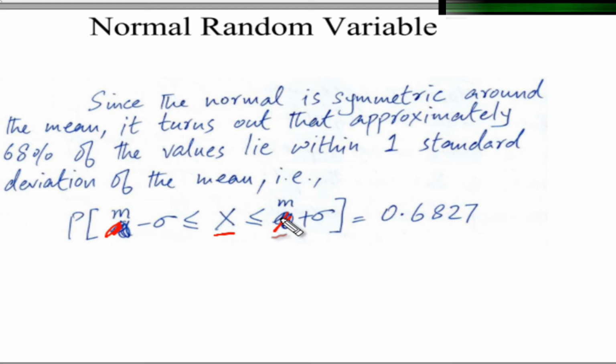So x lies between m minus sigma and m plus sigma. What is the probability? It will encompass almost 68% of the population.